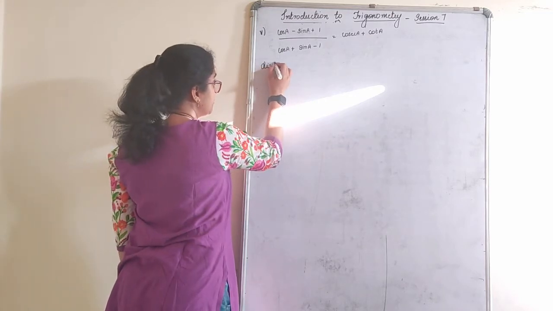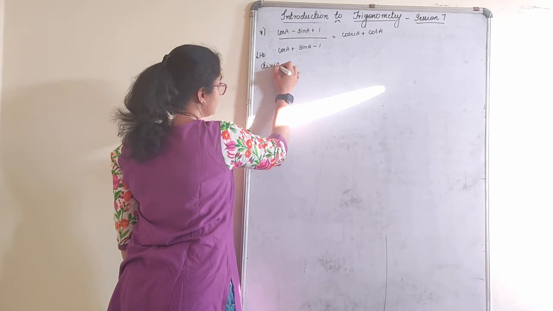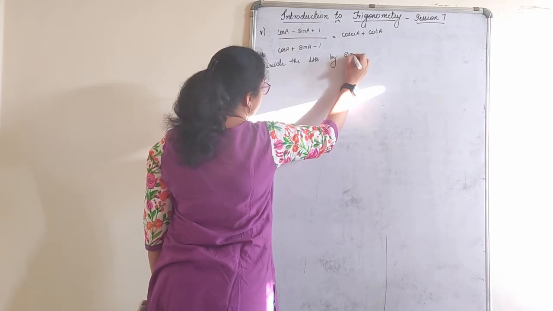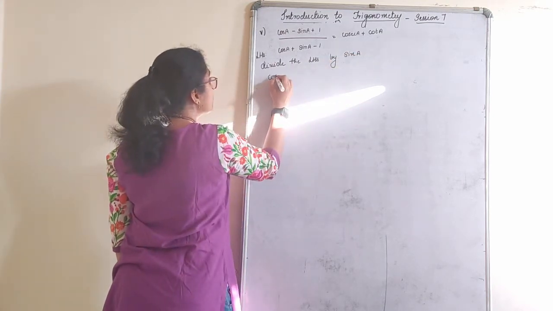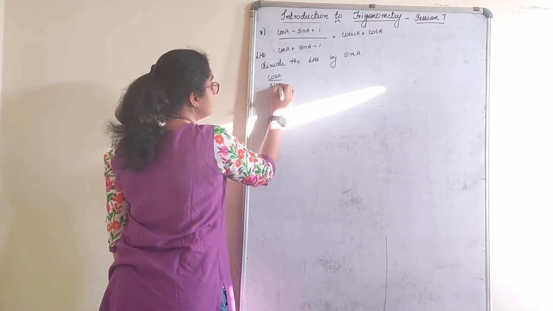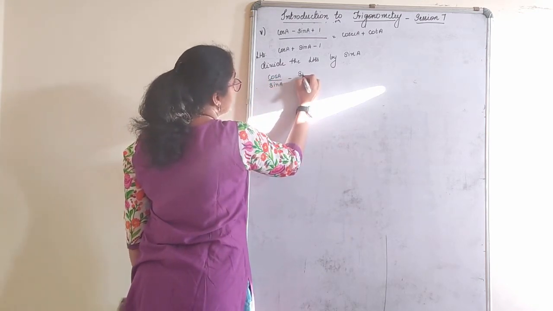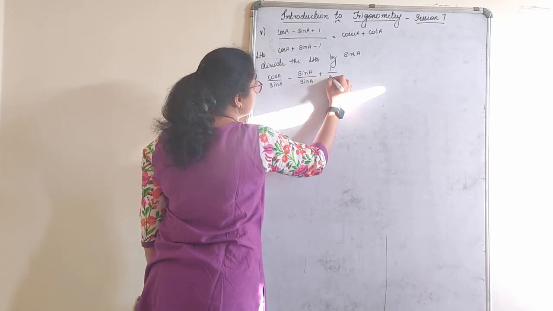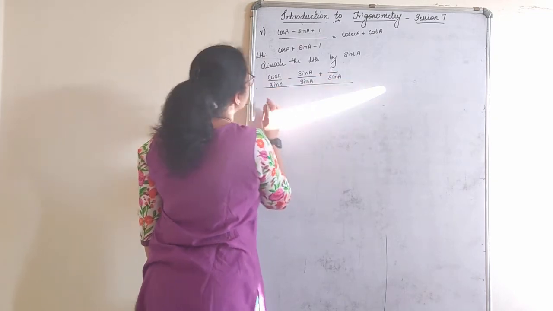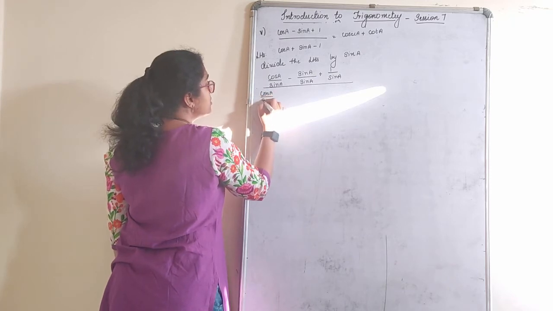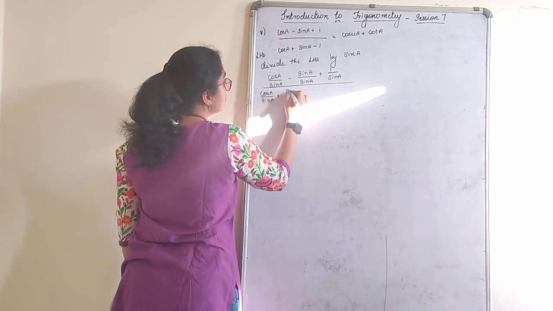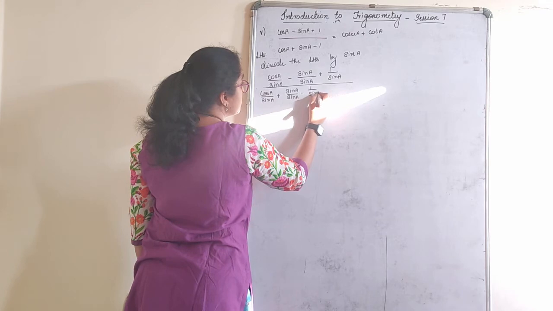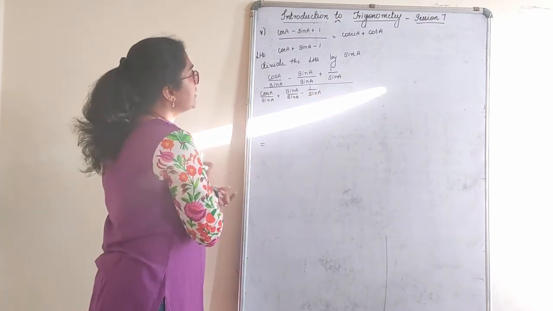Divide the LHS by sin A. Cos A by sin A minus sin A by sin A plus 1 upon sin A, over cos A by sin A plus sin A by sin A. Okay, write it now.